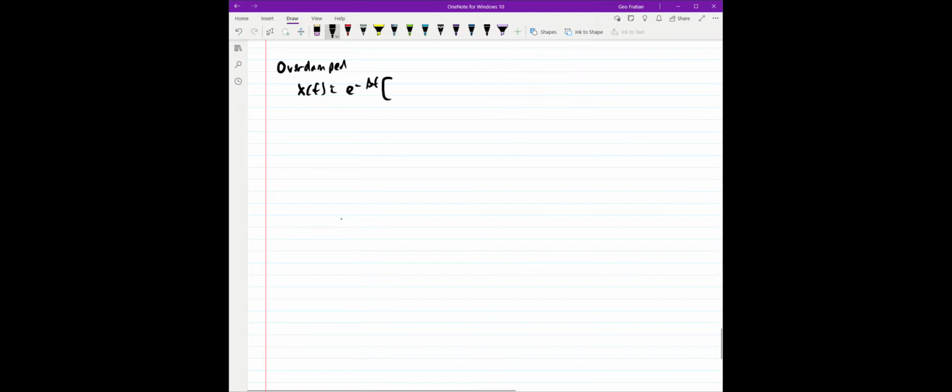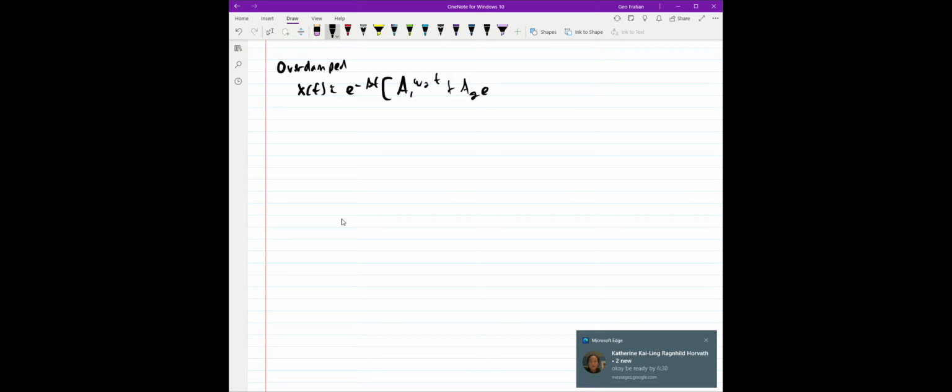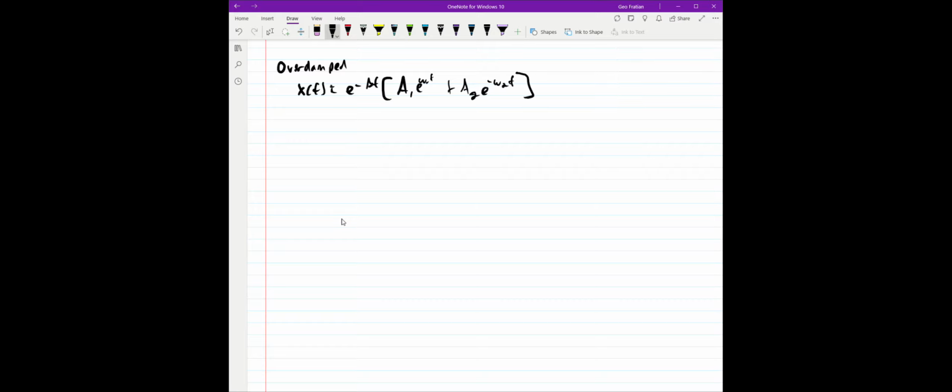So that's our, again, decaying factor, and that's a1 e to the omega 2t plus a2 e to the negative omega 2t, where again, omega 2 is a little different this time. It's the square root of beta squared minus omega naught squared. That's why it's not omega 1.